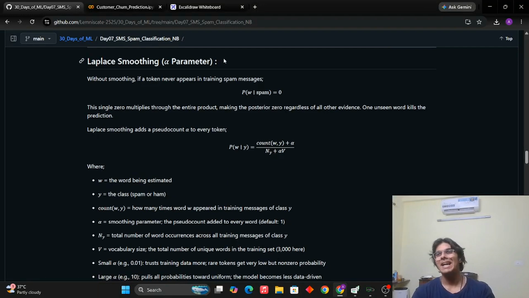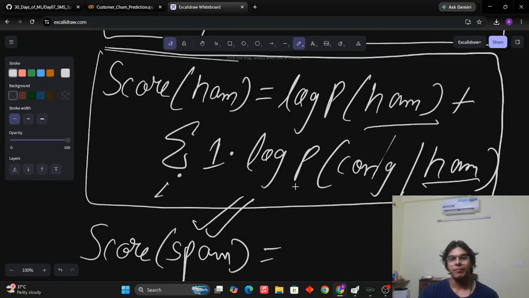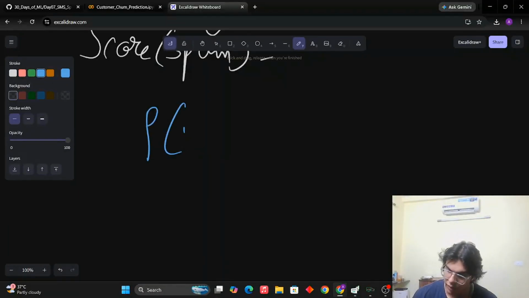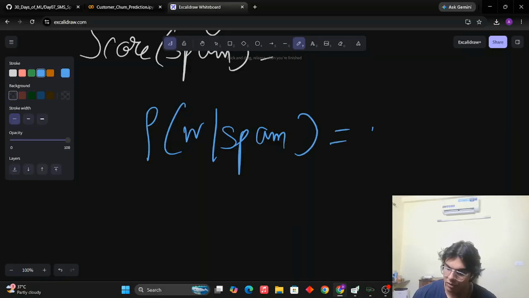Laplace smoothing, you might have used this concept in pure mathematics and probability. So, this is where it is applied. Let's take an example. Let's say that while doing the calculations, I get the probability of a word, any word, and I get this conditional probability to be zero.